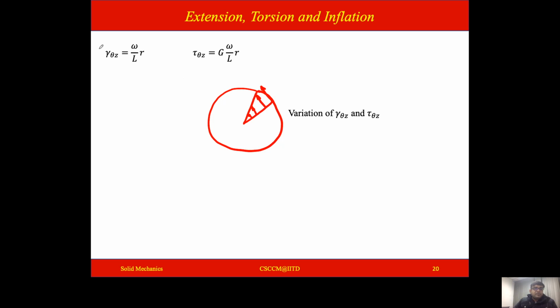So what do we arrive at? There was another thing. You remember gamma theta z was omega by L times r.